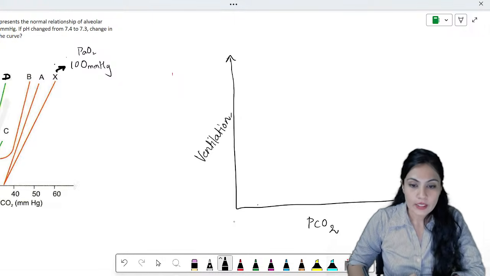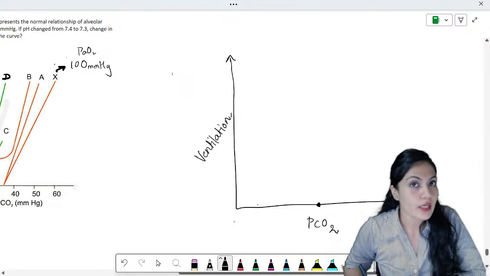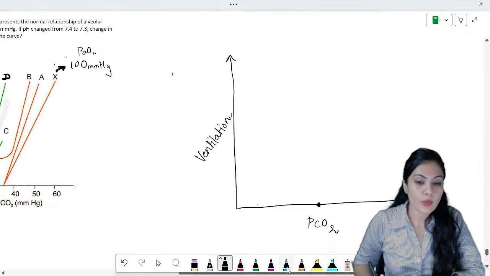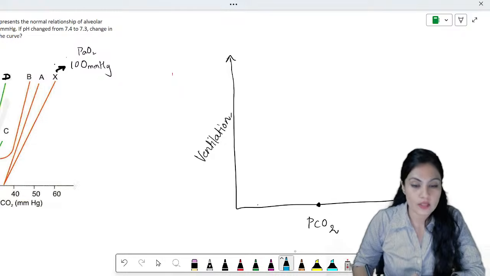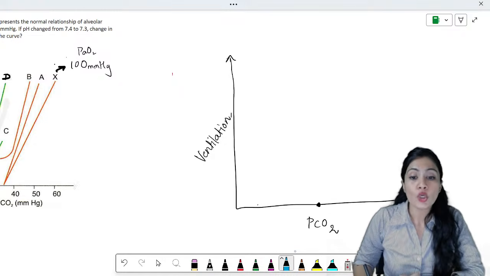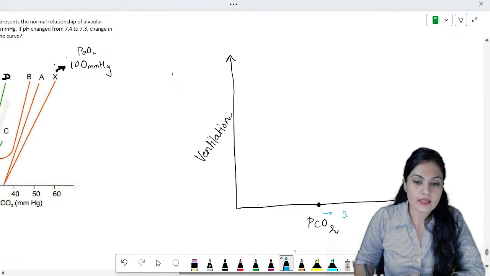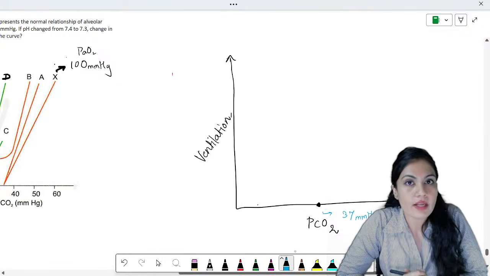Now remember, there is something known as the apneic point. The point that I'm drawing over here is not going to be a zero value. It is going to have a value. Usually Ganong and Guyton say that it is 37 mmHg. What is this 37 mmHg?